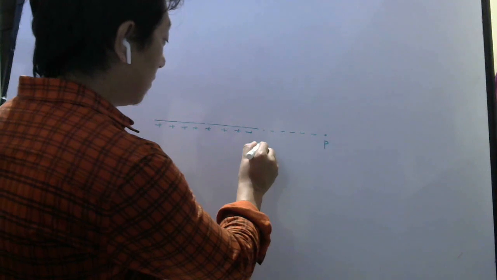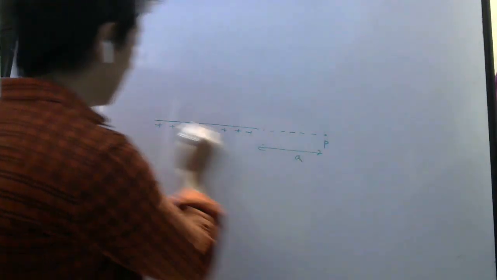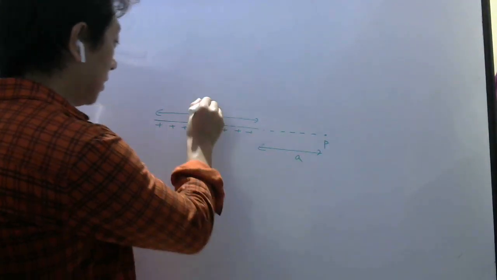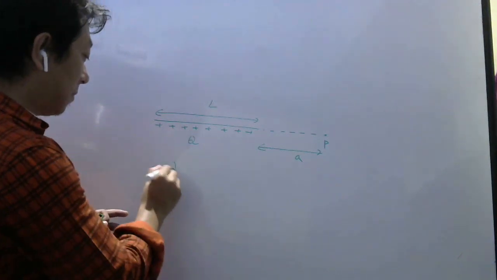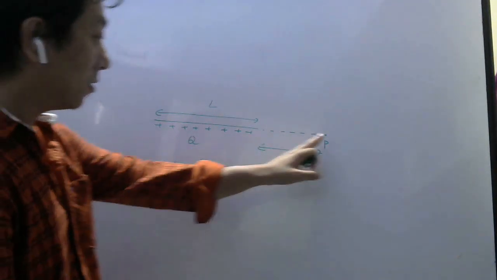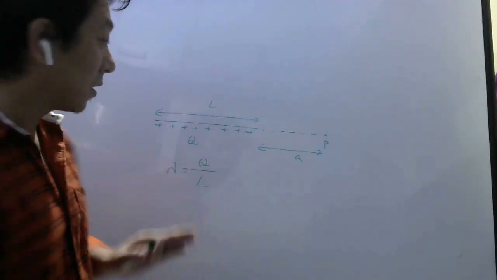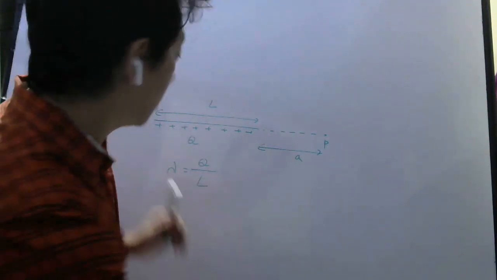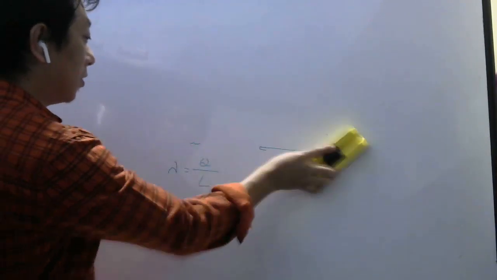So if this is A and this is L and the charge here is Q and lambda is charge per unit length, then we know how to write electric field here. But now we will see the formula for electric field due to line charge. So this is our third one. I will give you a line charge like this.